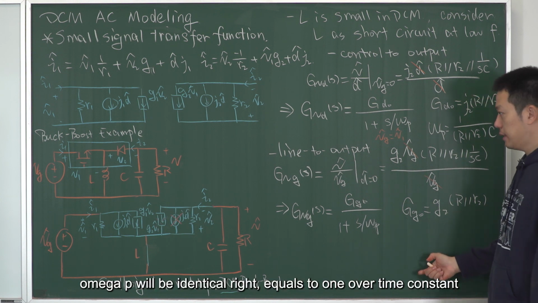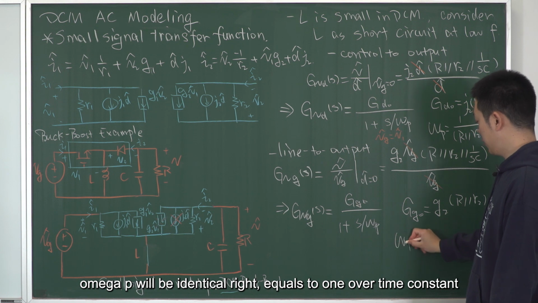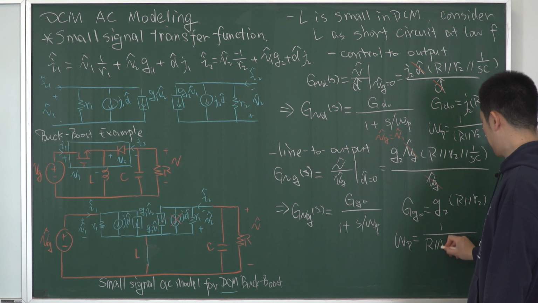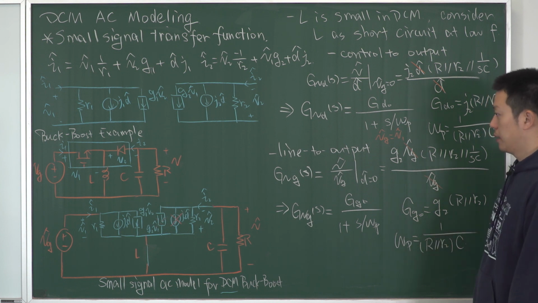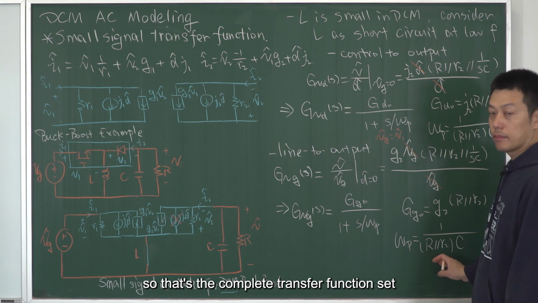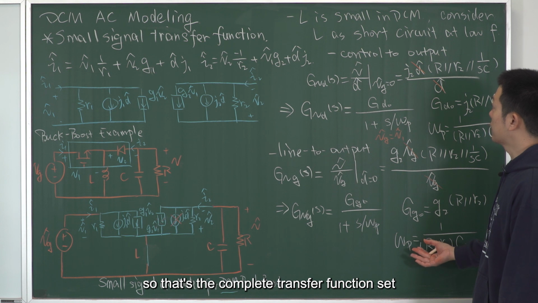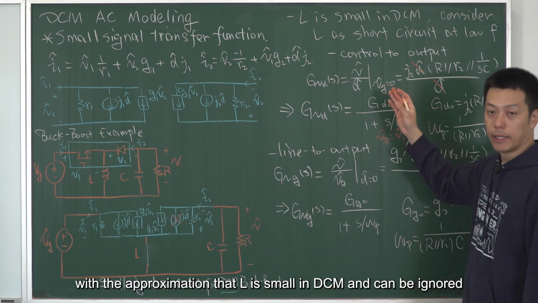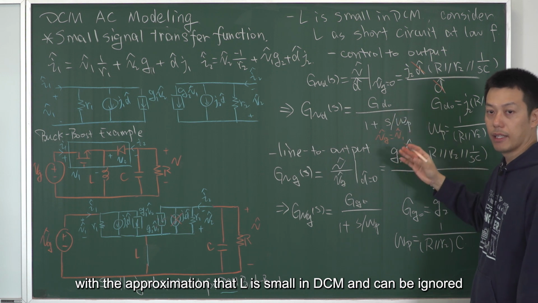Omega p will be identical, equal to 1 over the time constant. So that's the complete transfer function set with the approximation that L is small in DCM and can be ignored.